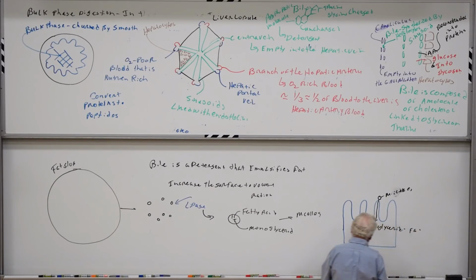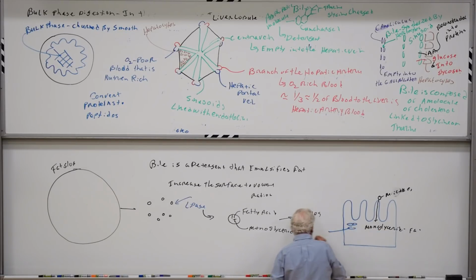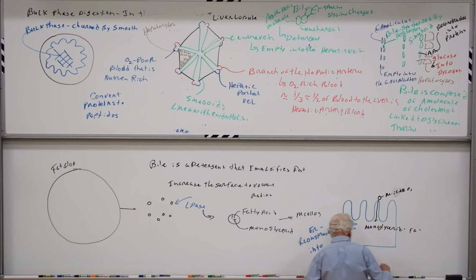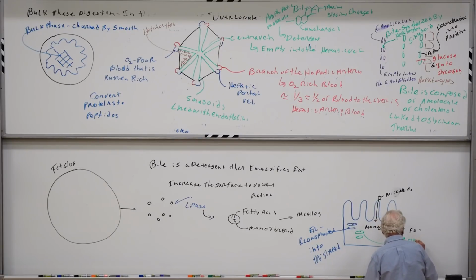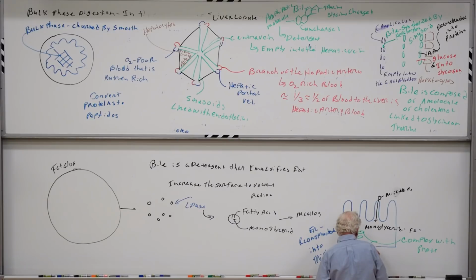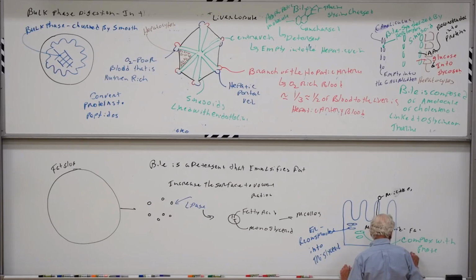Now, oddly enough, inside the cell, these monoglycerides and fatty acids in the ER are reconstructed into triglyceride. And then in the Golgi apparatus, the triglyceride is complexed with protein, so that now from the basolateral surface, we can release these tiny particles, about 1 to 10 micrometers in diameter, that are called chylomicrons.